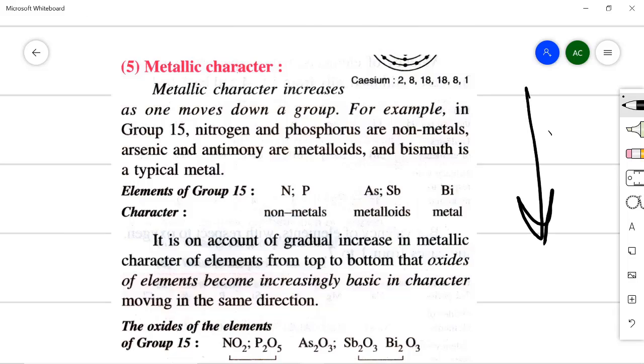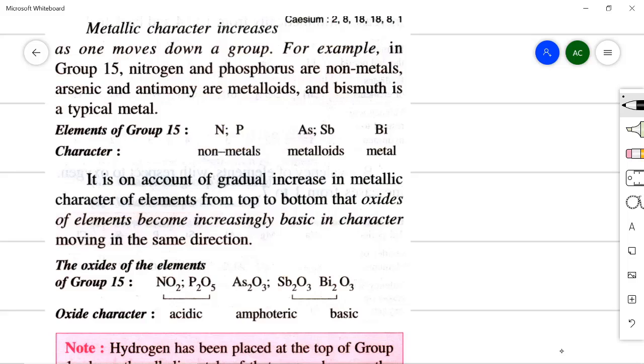But metallic character, when we move down in a group, increases. So what happens in a group when we move down? I am taking the example of the 15th group because it is given in your book.